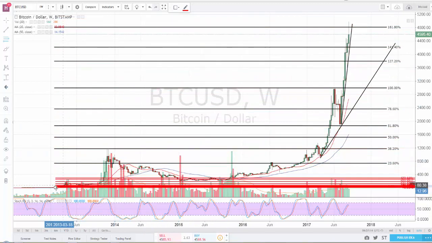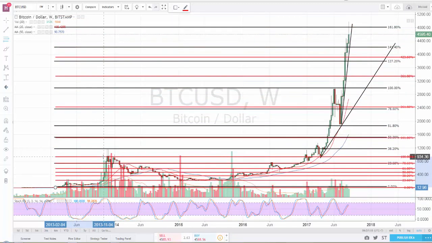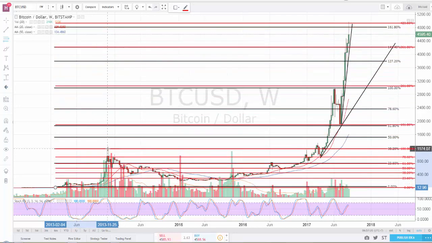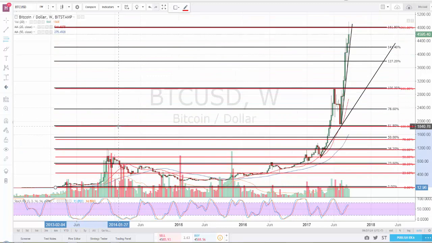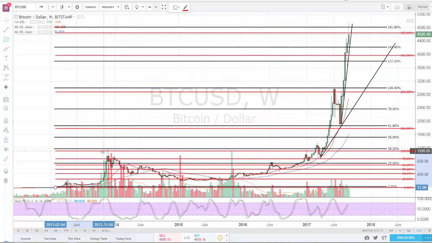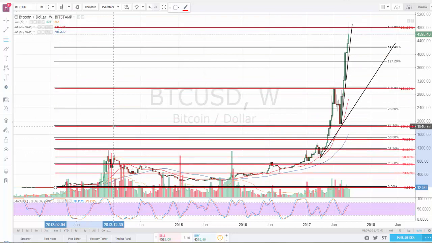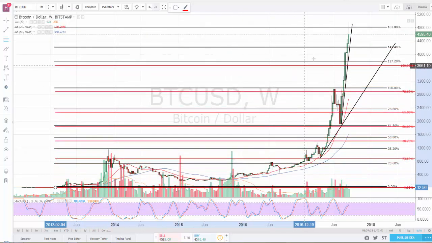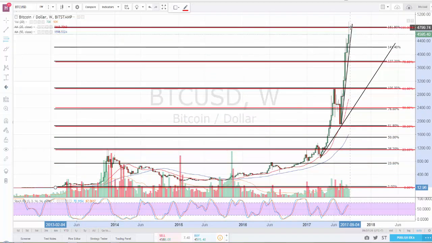If you do the first click on the bottom, then you can do the second click at any significant level that you find. For example, these red lines are the Fibonacci retracement tool that I'm going to use right now on this chart. This is the Bitcoin versus US dollar 1 week candles from Bitstamp, the lifetime chart for Bitcoin since 2013 up until today.